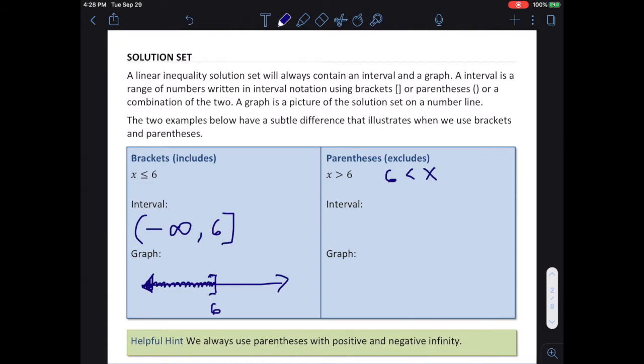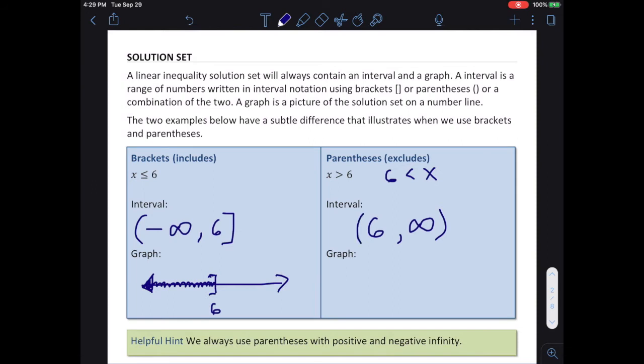If we read this the same way we did before, x is greater than 6. Well, so what we want is every single number bigger than 6. So if we think about our interval, our smallest number is going to be 6. Our largest number is going to be infinity. And remember, with infinity, we always use a parenthesis. And then with greater than, without the equal part, we also want to use a parenthesis.